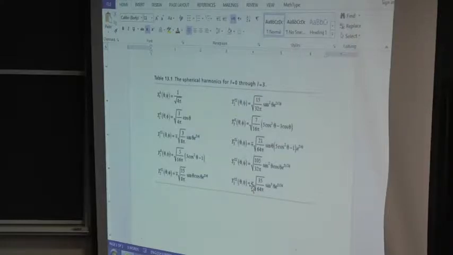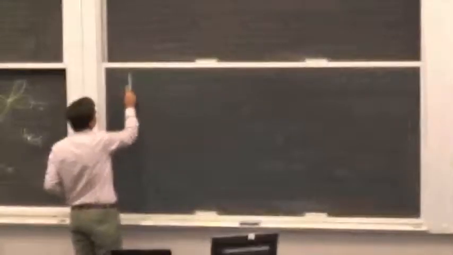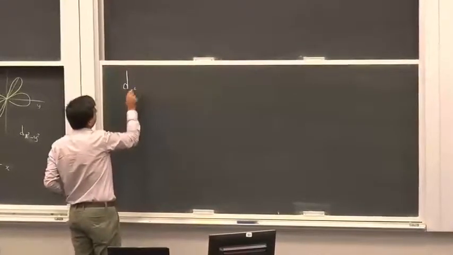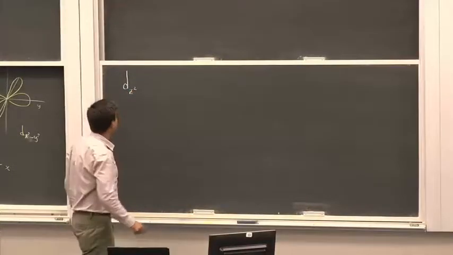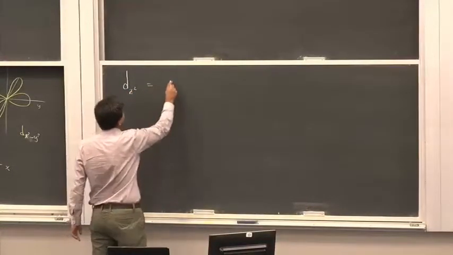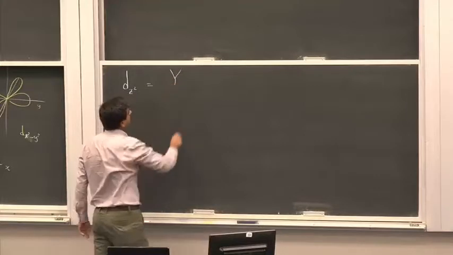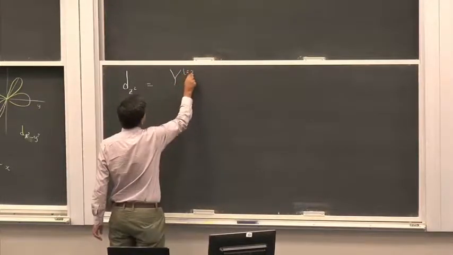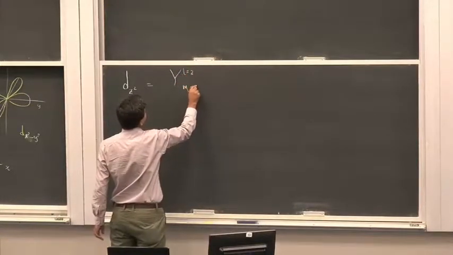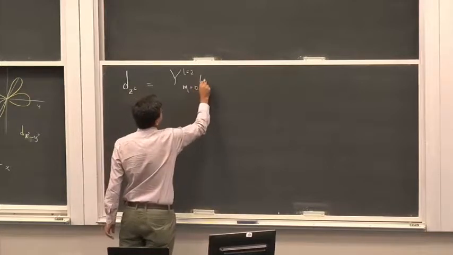Okay, so let me explain that now. If you look at the screen over there, dz square, which corresponds to the spherical harmonic function in which L equals 2 and m equals 0, is a function of theta and phi.